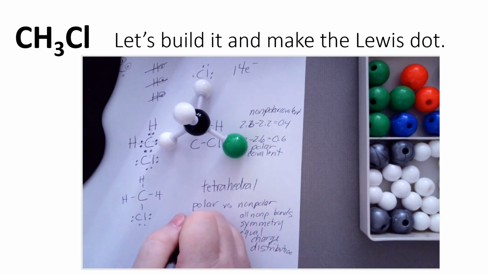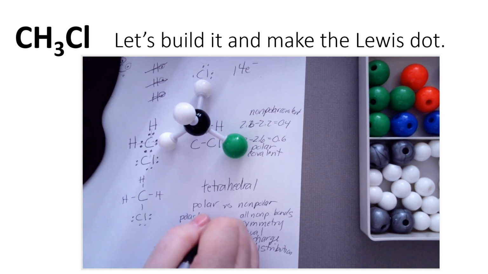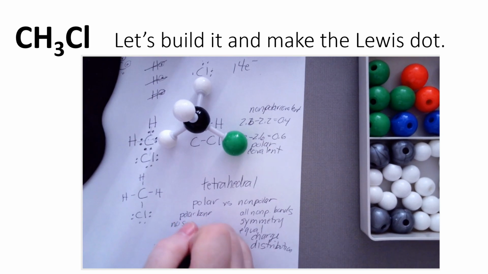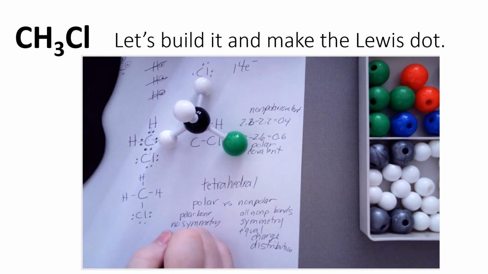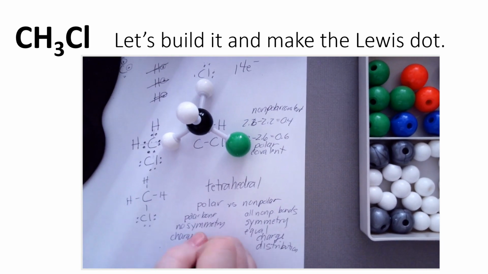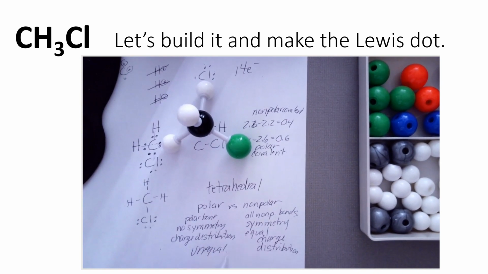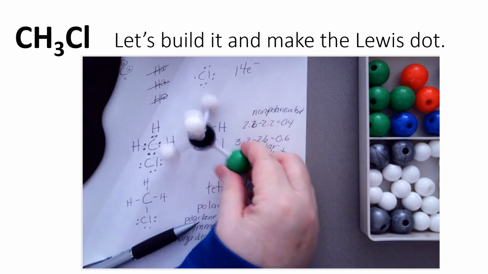Polar has to have at least one polar bond. We have one right here. It has no symmetry, and the charge distribution is unequal.